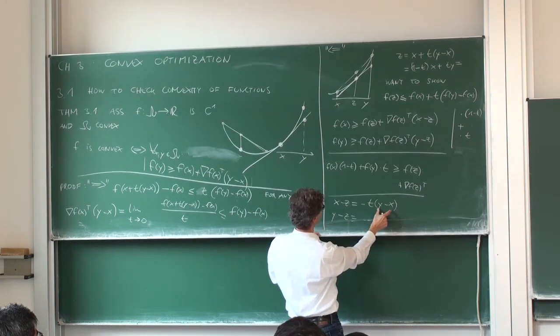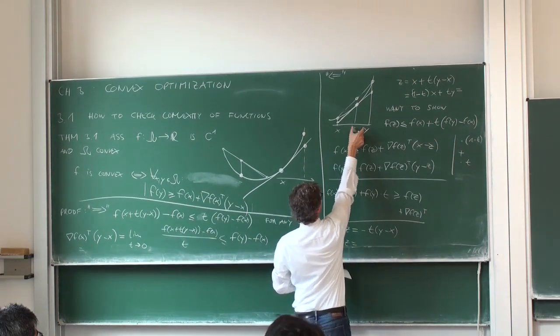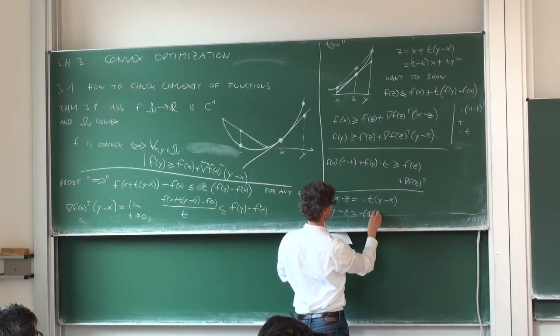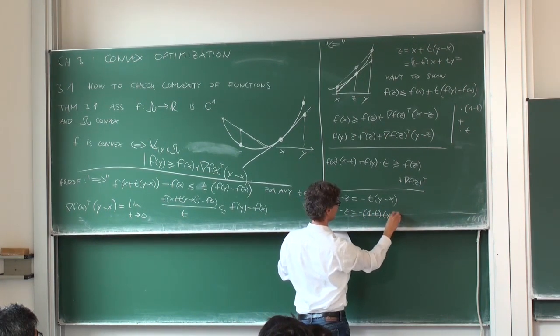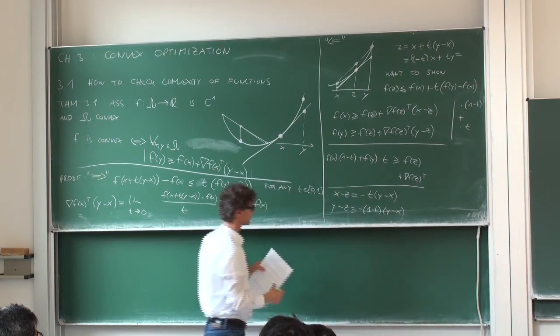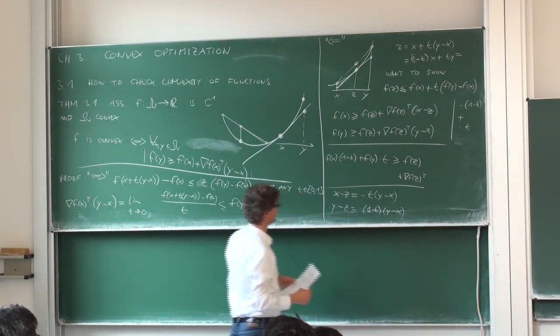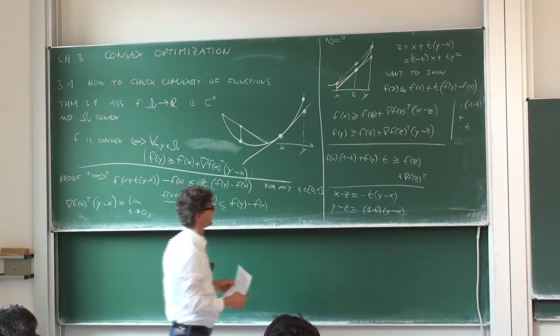It's just the other half of this whole thing, right? So this and this. So I think it will just be minus 1 minus t y minus x. But I think we should check this briefly, and maybe it's with a positive sign. I think it is with a positive sign because it's in the other direction.